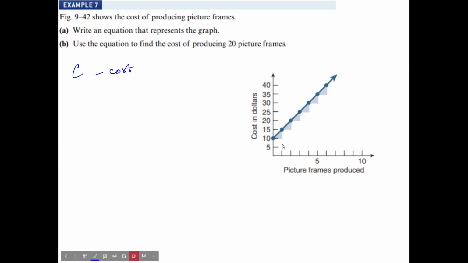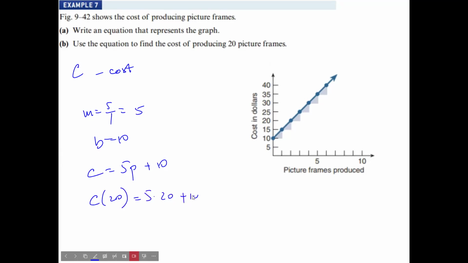So what is the run? 1. What is the rise? 5. So m, rise over run, is 5. Yes? Where we start the game? 10. So C is 5P plus 10. Now, if I have 20 pictures, this morning we calculated that it was 110. Any questions?